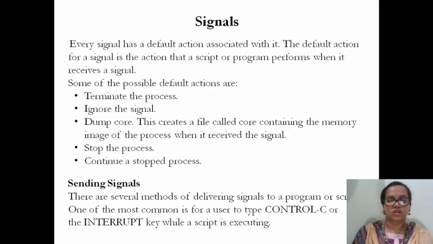Some of the possible default actions are: terminate the process, ignore the signal, dump the core, which creates a file called core containing the memory image of the process when it received the signal, stop the process, and continue a stopped process. These are all the possible default actions taken care of by signals.